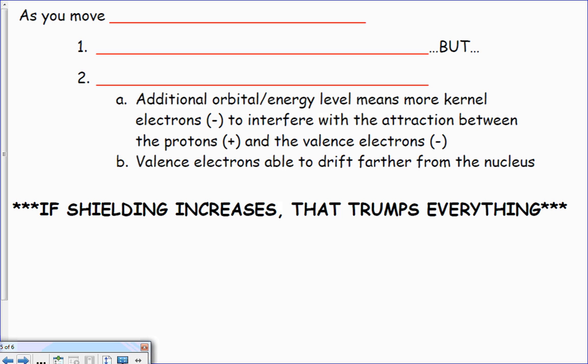Okay, so as I move down a group, my nuclear charge, of course, is going to increase, but not by 1 this time. It's going to increase by more than 1. If I look at lithium, lithium has 3 protons. And underneath lithium, I have sodium, and sodium has 11.